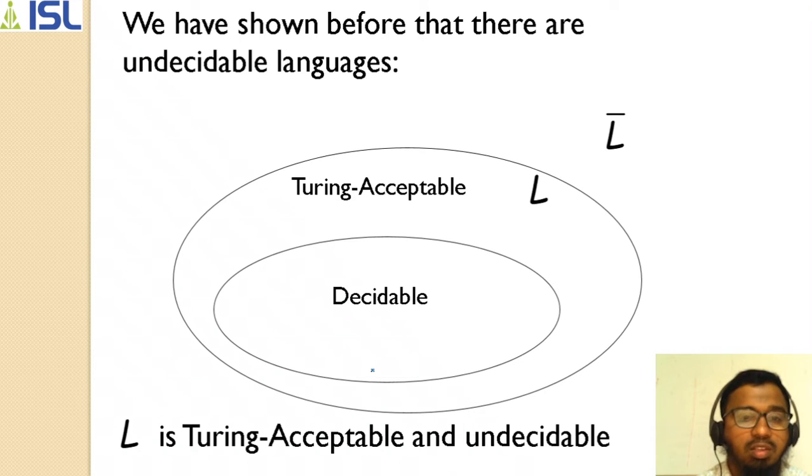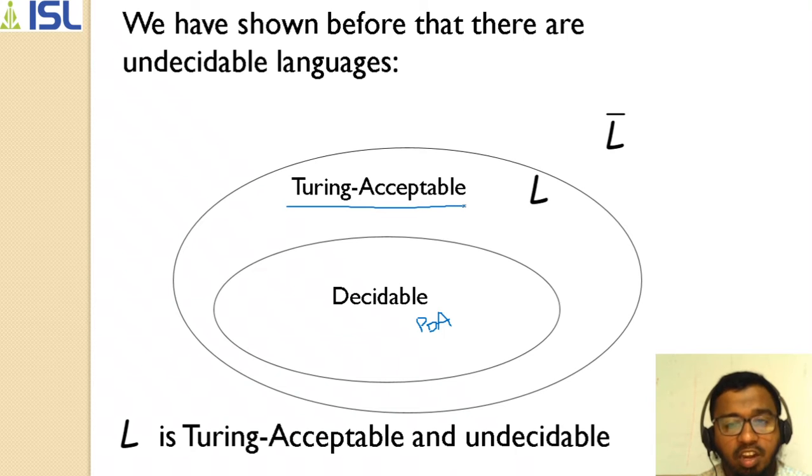Okay, decidable means all complete with the help of a decider. For example, we have done PDA. PDA, Turing machine, finite automata, all are decidable. Turing acceptable, we can say, is undecidable.